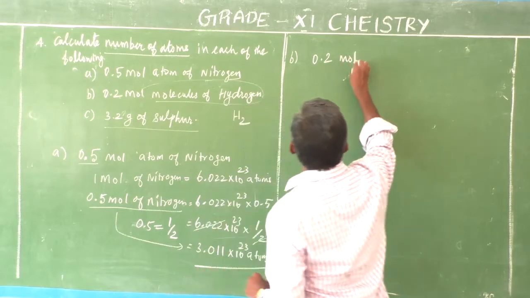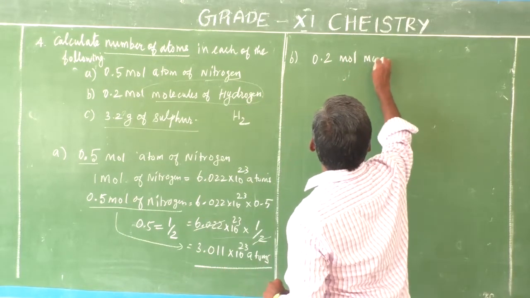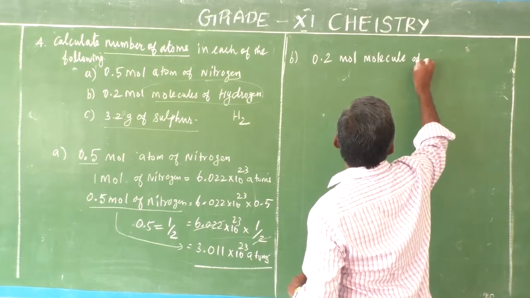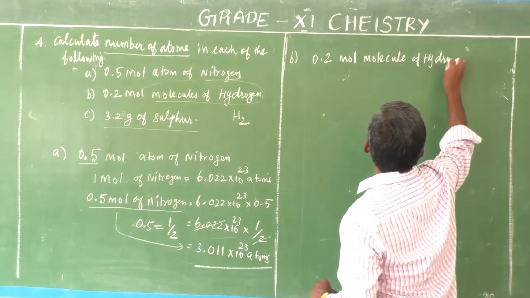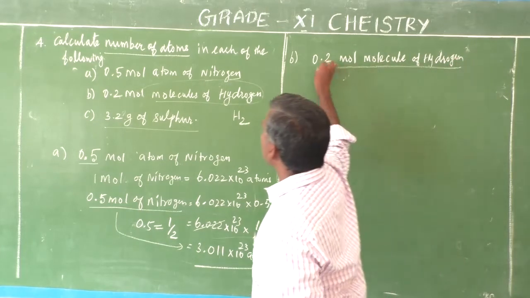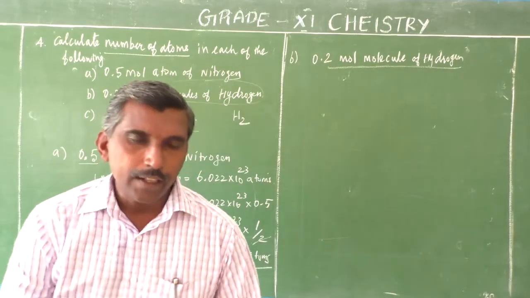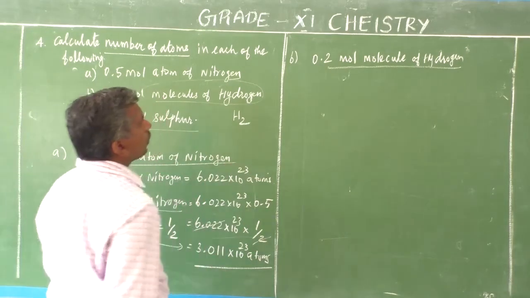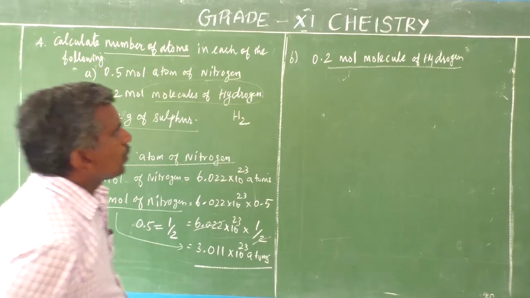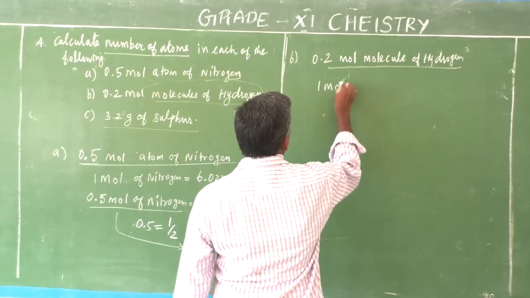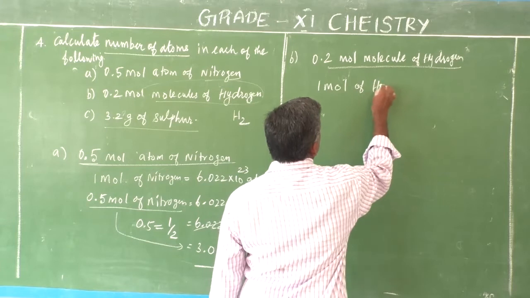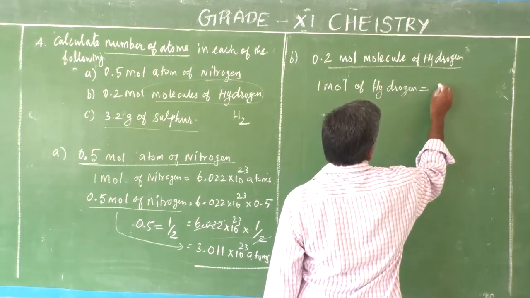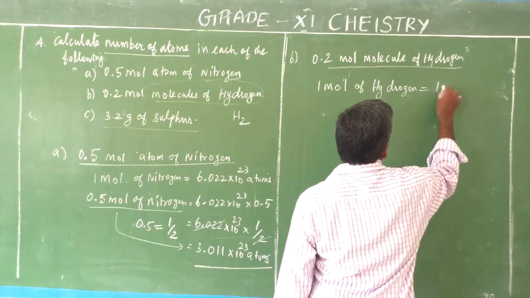0.2 mole of molecule of hydrogen. You find the number of atoms present in 0.2 mole of molecules of hydrogen.